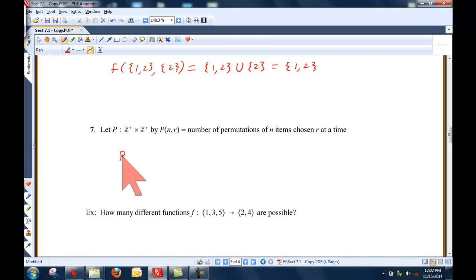And so proposing things like P of 3 comma 1, number of permutations of 3 items chosen one at a time. This is 3. But how about P of 1, 3?